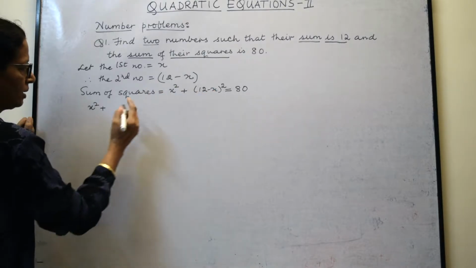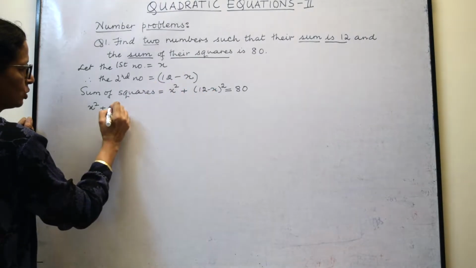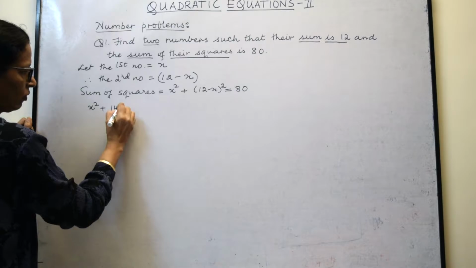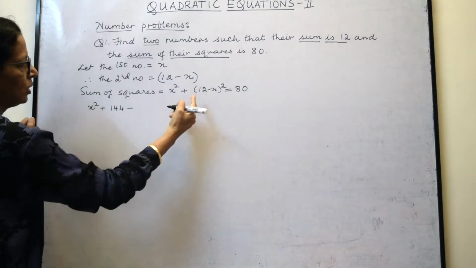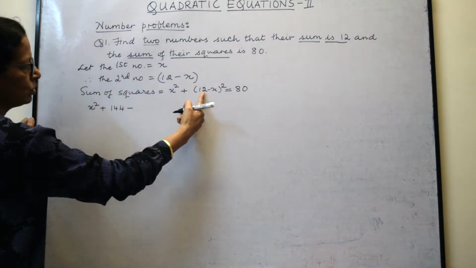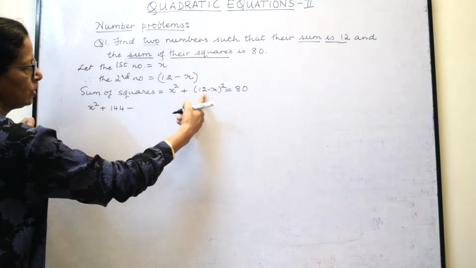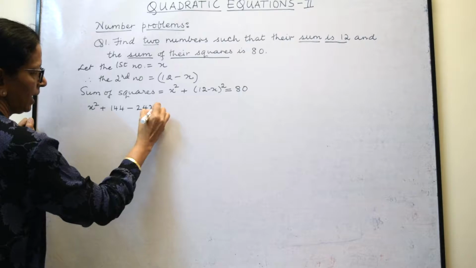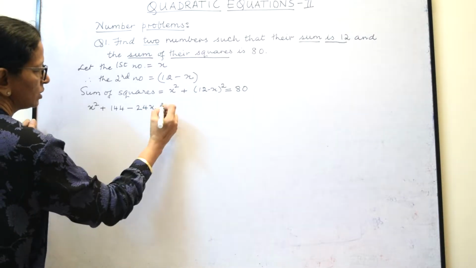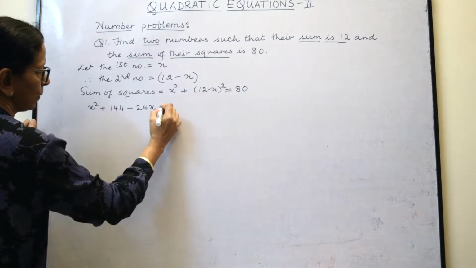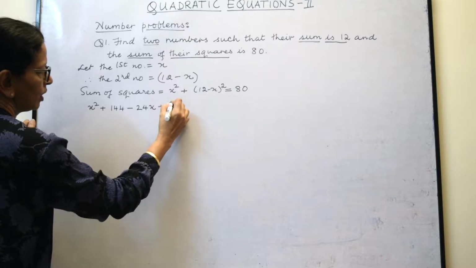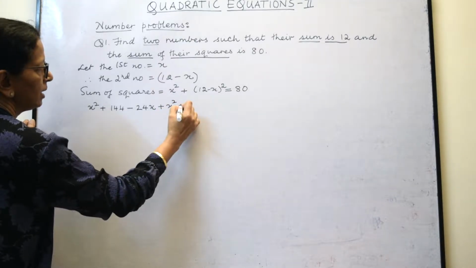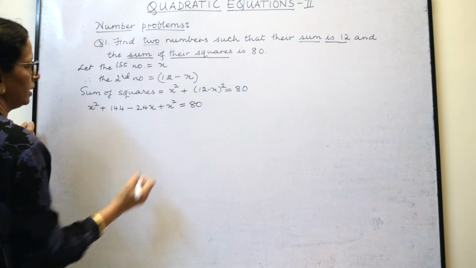So applying that, we will have a squared, that means 12 squared, that is 144, minus 2ab, 2 into 12 into x, 2 into 12 is 24. So that becomes minus 24x, and plus b squared means plus x squared. The square of a negative number also is positive, remember that. And that is equal to 80.